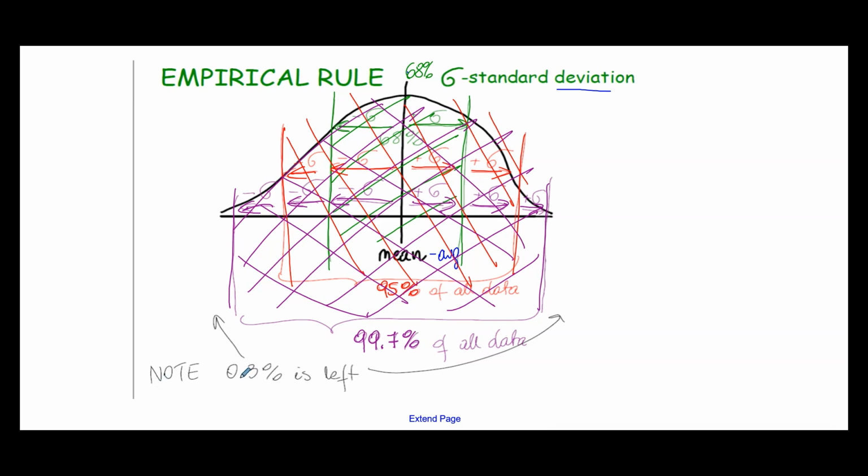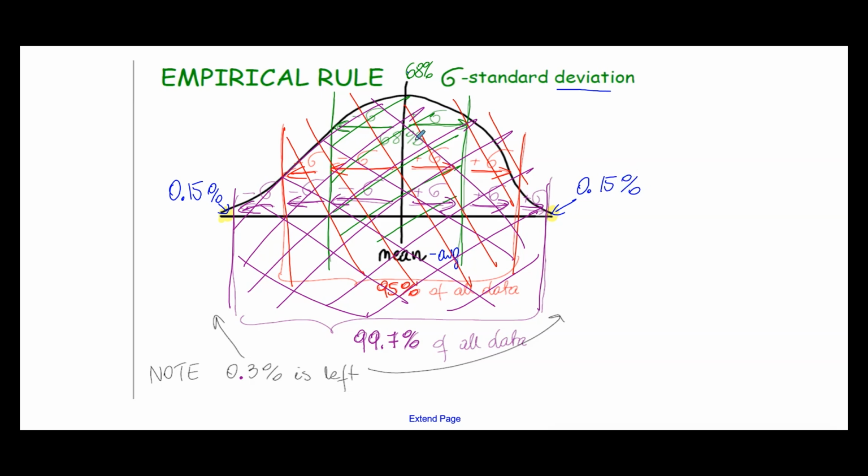What we have left over is 0.3%, and that will be divided evenly between those two little ends. Each of them will be 0.15%. So not even 1%.